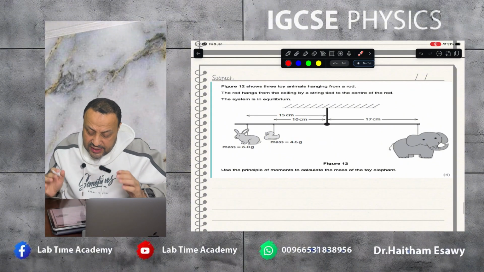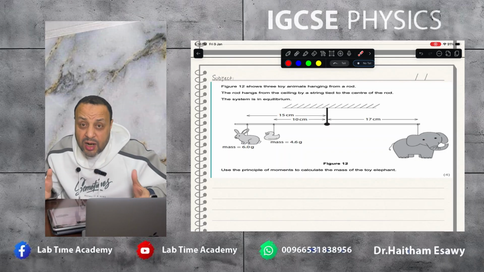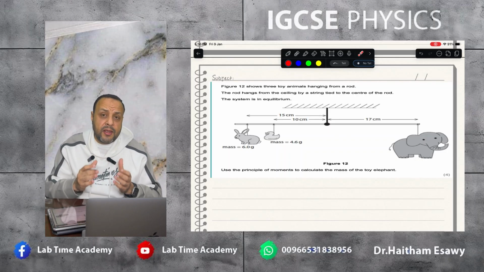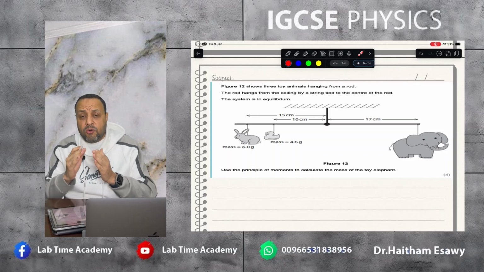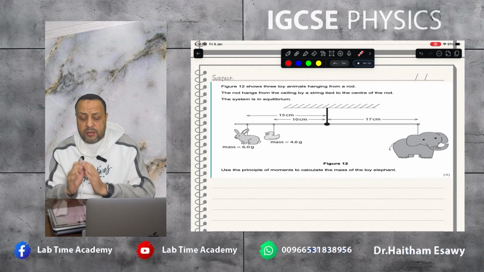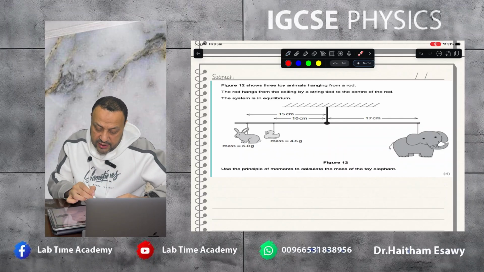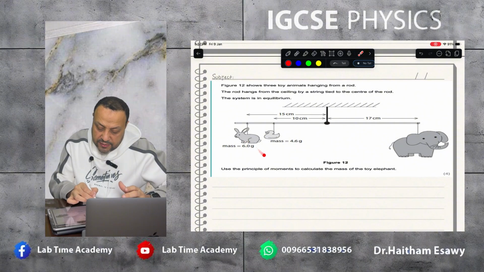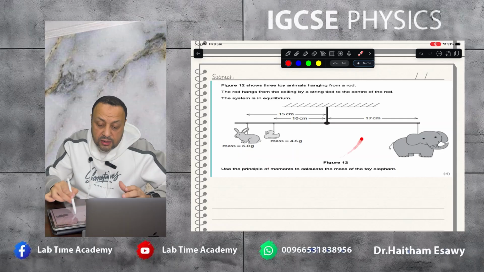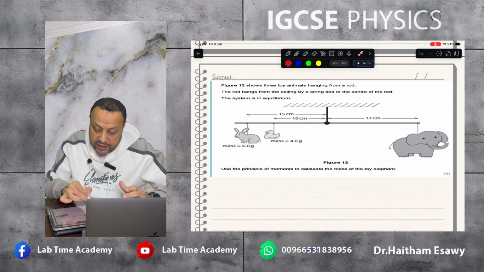So first I have to say that. What about the principle of moments? Total clockwise moments equal to total anti-clockwise moments. So this means that here we have the first object or the first animal, as you see, it will be in this direction. So this will be the anti-clockwise. And this animal, anti-clockwise, but the elephant clockwise.